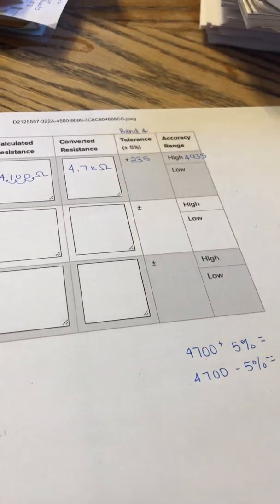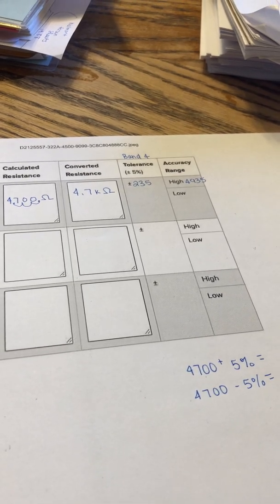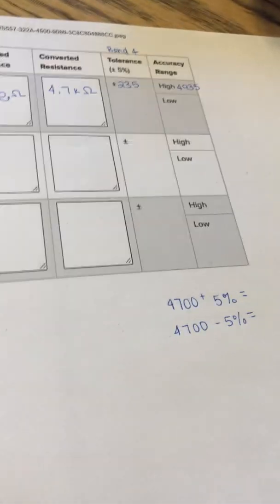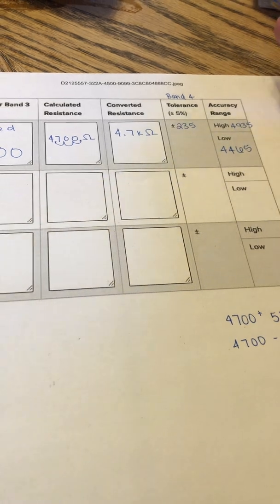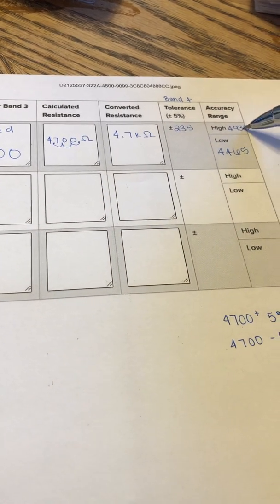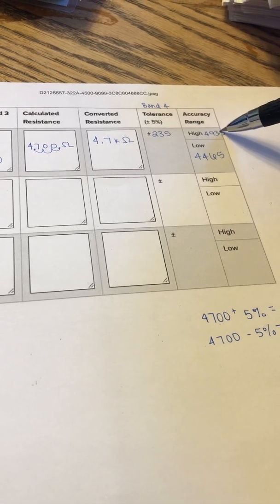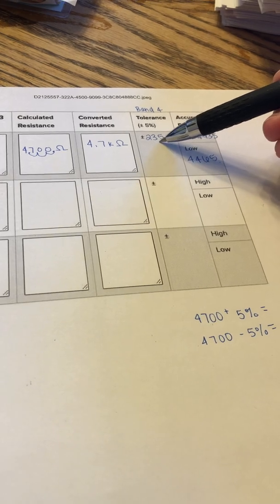And then 4,700 minus 5% is 4,465. Oh gosh, it's so shaky. So the high that this resistor is going to be is 4,935, and then the low is going to be 4,465. And I got 235.